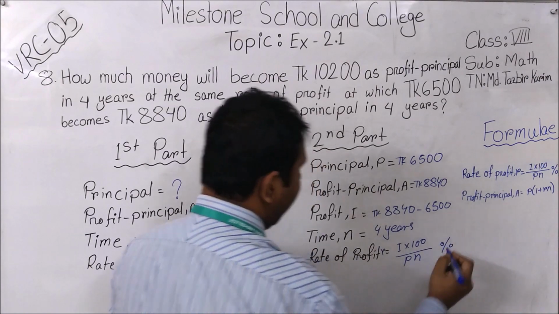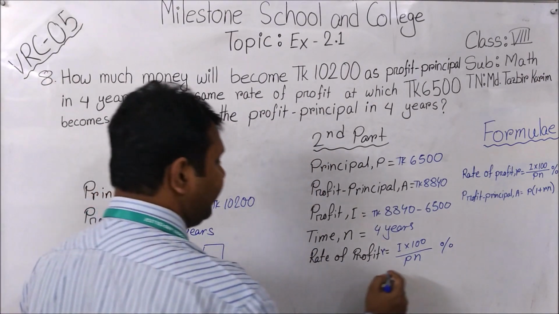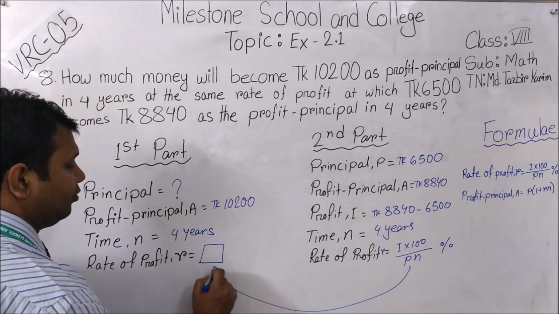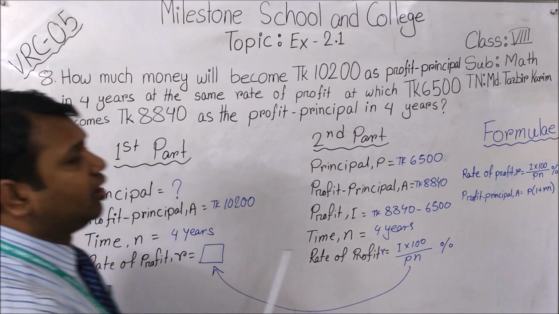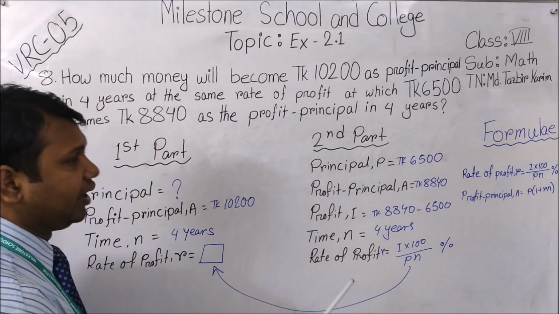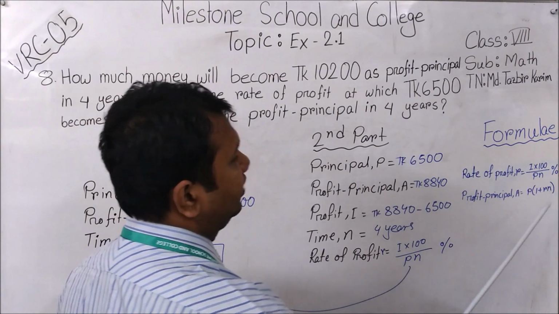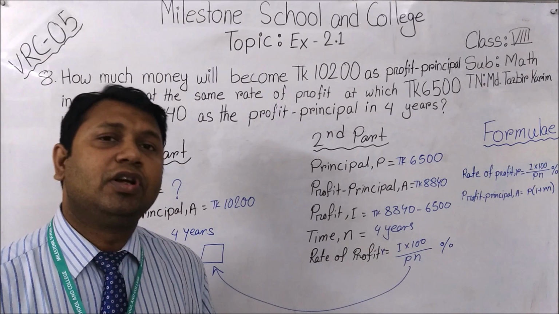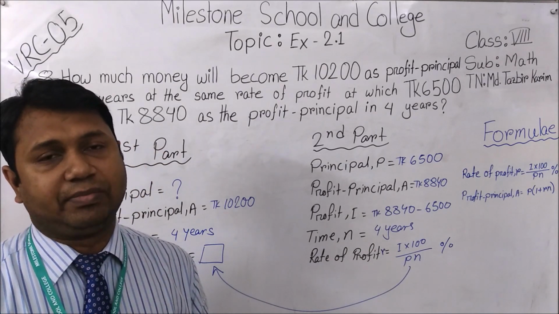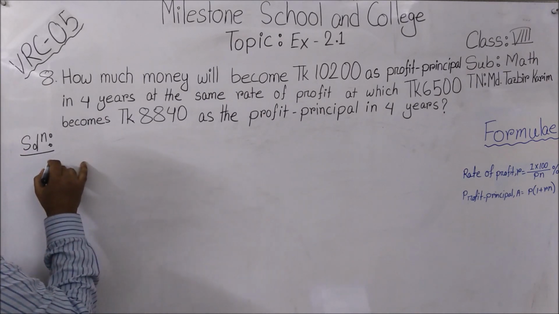That is the formula of rate of profit. Then with this rate of profit, finally for finding the principal we can use the formula of profit principal equal to P into 1 plus Rn. By this formula we can easily find the principal of this math. So here is the solution.